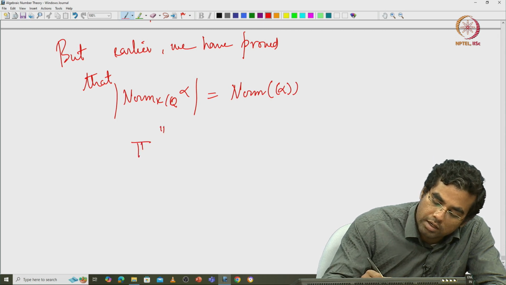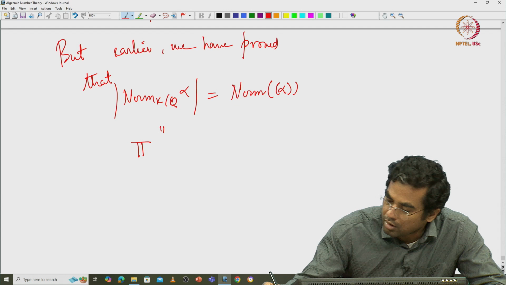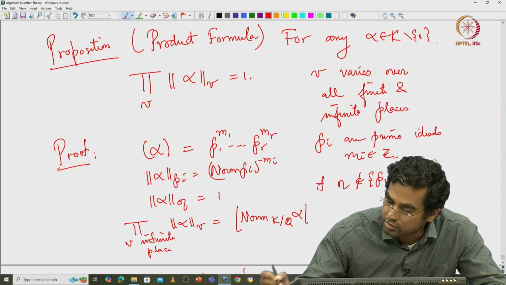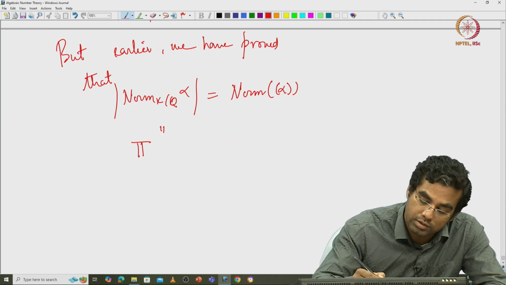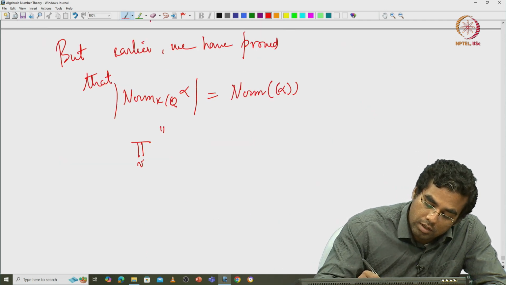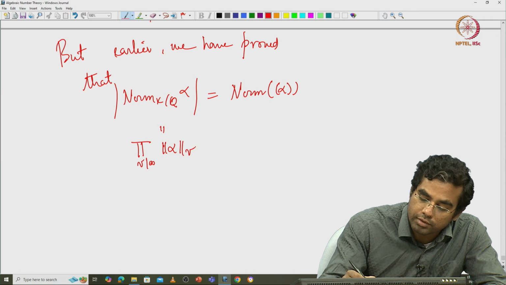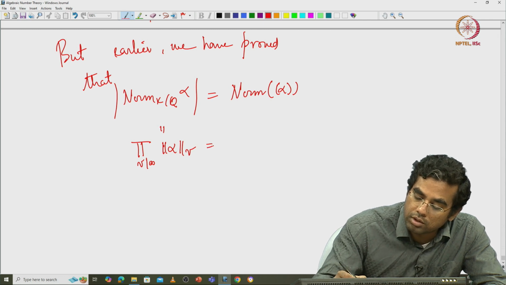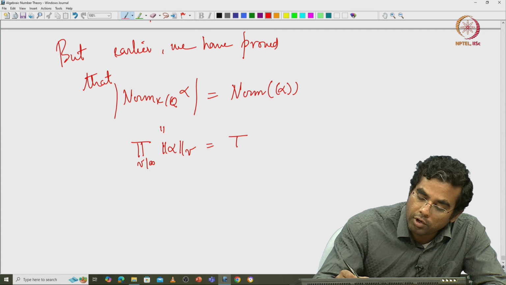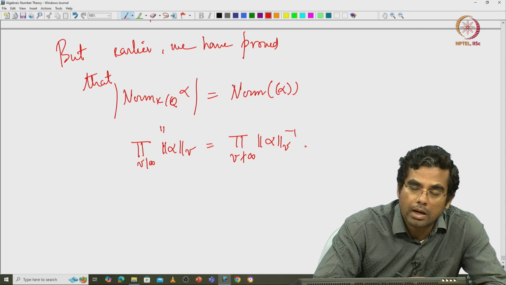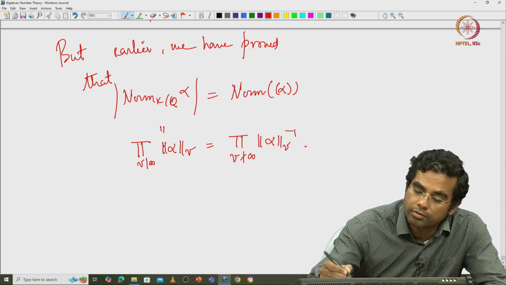So, on this side, actually this should be mod, right, because it was a product over mods of all those things. So, this should be V dividing infinity. So, this is another way to write it. This is equal to the product over V not dividing infinity of valuation of V inverse, right. That is what the norm of this thing is.